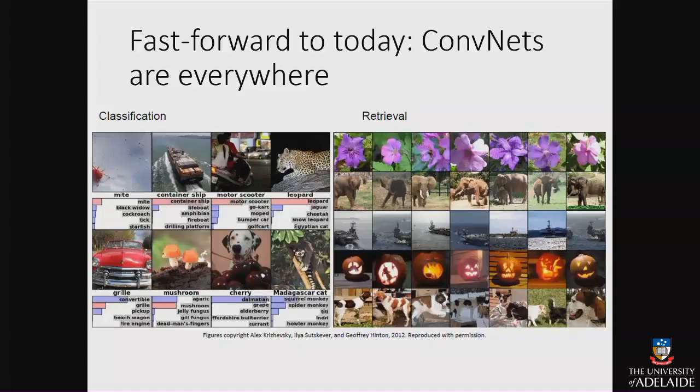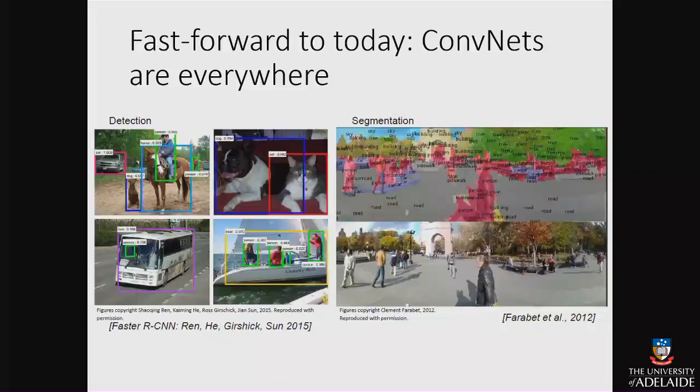For example, in Google Images, if you upload an image and you want to search for the most similar image, basically that's image retrieval, and they are using a deep learning method, the convolutional neural network, to solve this problem.